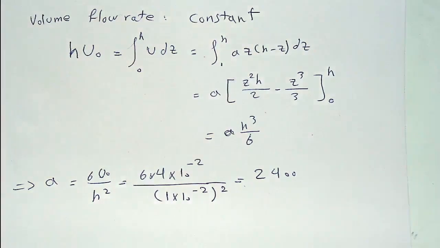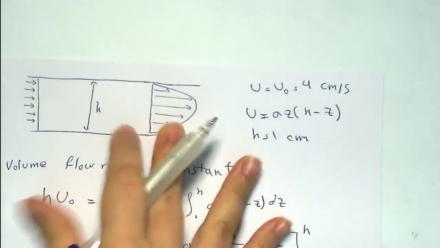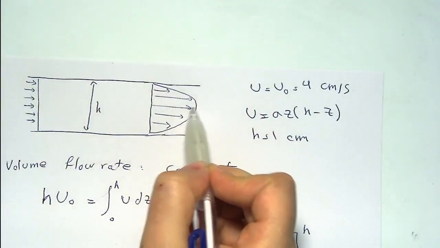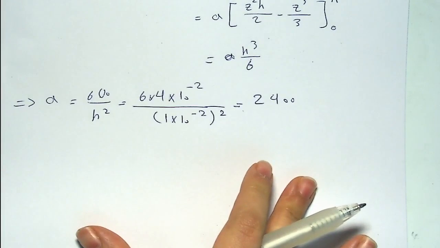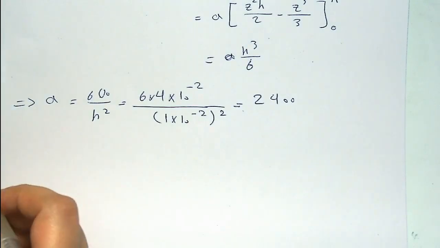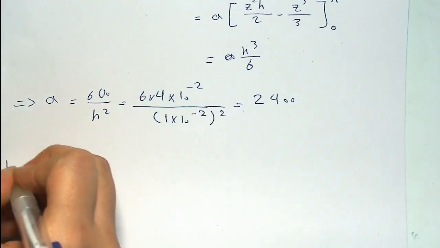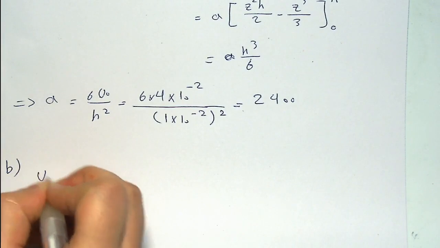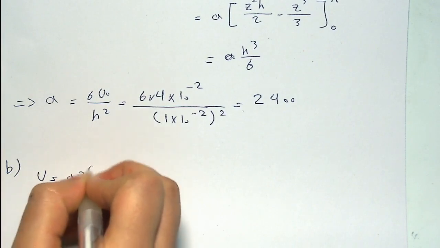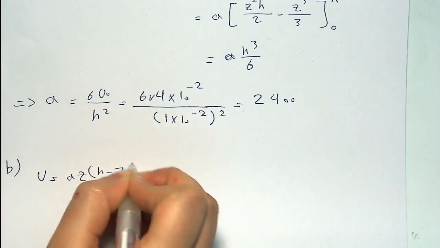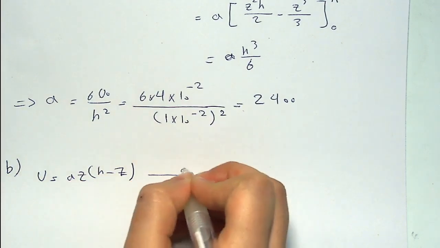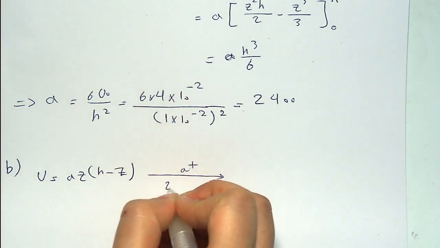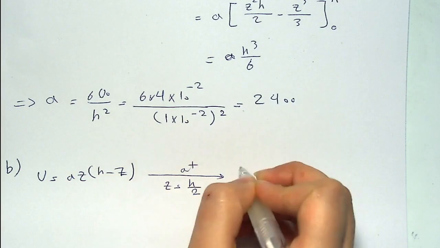So in these kinds of cases, we have the maximum velocity at the center line, as you can see here. The maximum velocity is here. So now we know that u is equal to a z (h minus z), and at the center line the z is equal to h over 2.